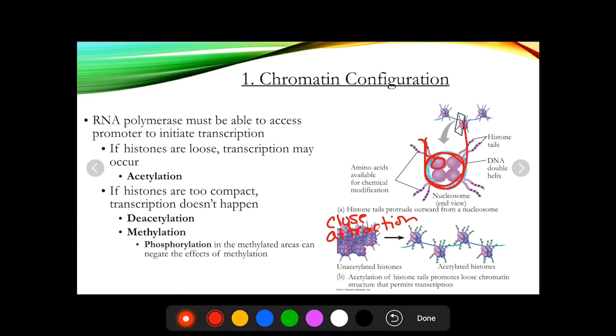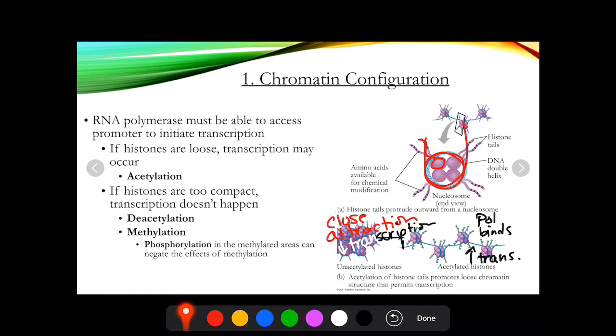If you've got this close attraction, then you are not going to have transcription. Low transcription. If those histones are all loosey-goosey and spread out, that means the polymerase can bind and high transcription is possible. Okay? So anything that condenses will decrease transcription. Anything that loosens will increase transcription.